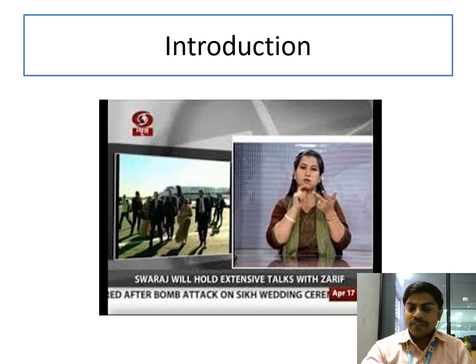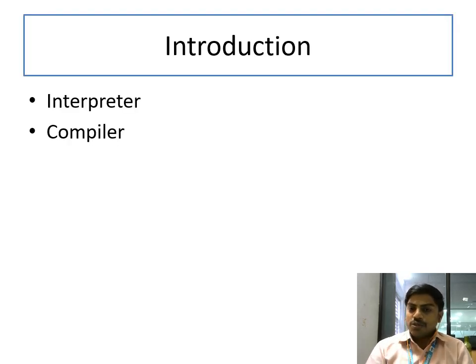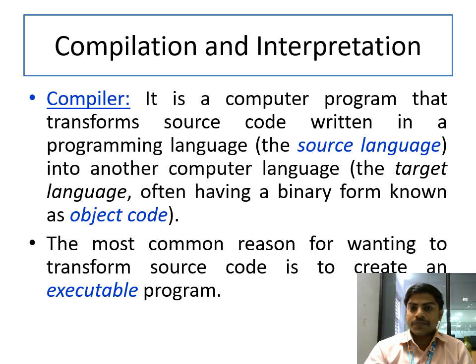And now let us dive into the need for translators in computer languages. What is the need? We need two types of translators, and we have two types of translators in the computer field. One is called the interpreter, another one is called the compiler. Let us understand what each is.